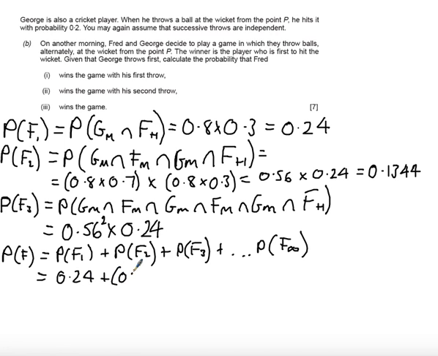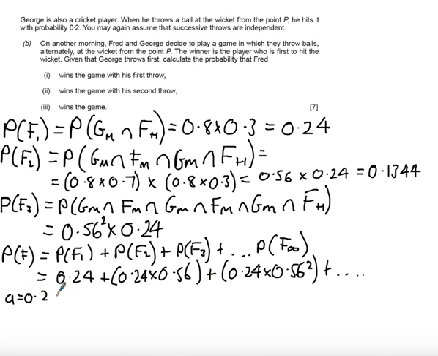Now if we have a look at this and consider this, what we've got is 0.24 plus 0.24 times 0.56 plus 0.24 times 0.56 squared, plus, and it's going to go on to infinity. Hopefully at this point you can recognise that this is a geometric series. We've got a first term a equals 0.24. I've got a common ratio, so I'm going from each term to term by multiplying by 0.56. And what I'm actually trying to work out here is the sum to infinity, which is a over 1 minus r.